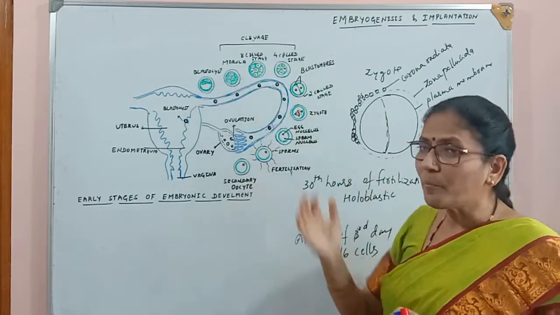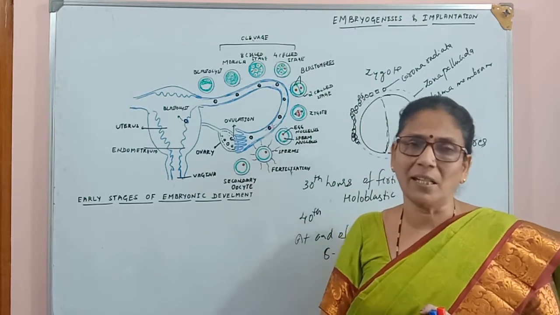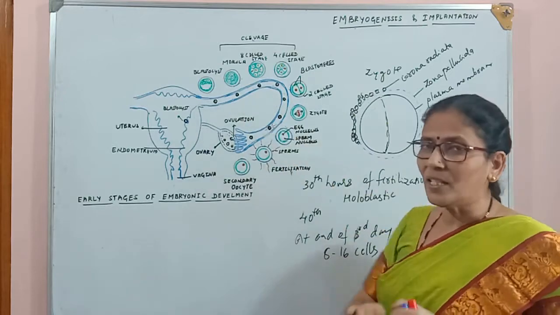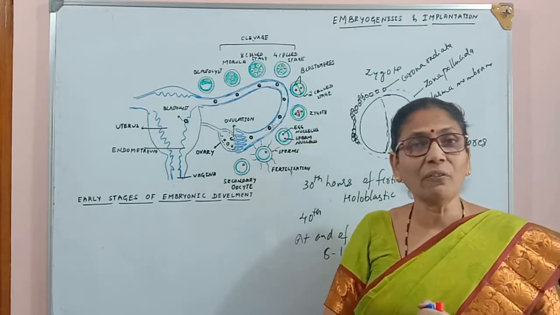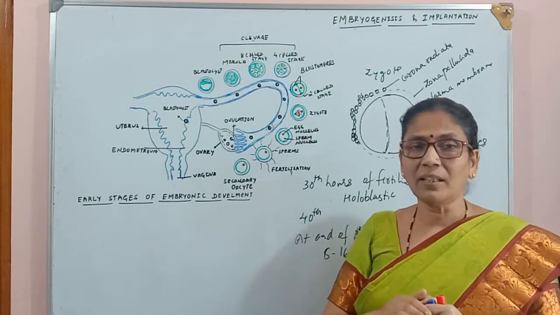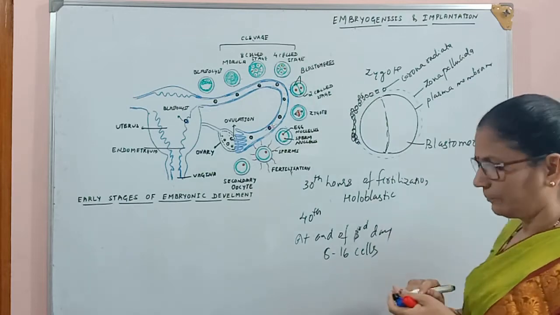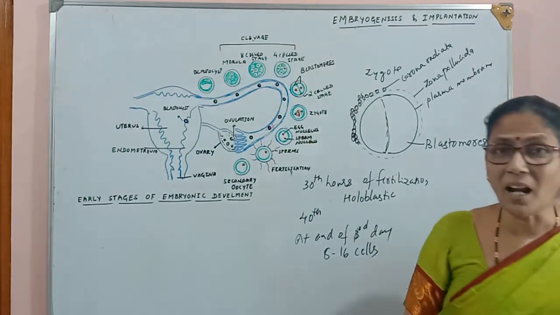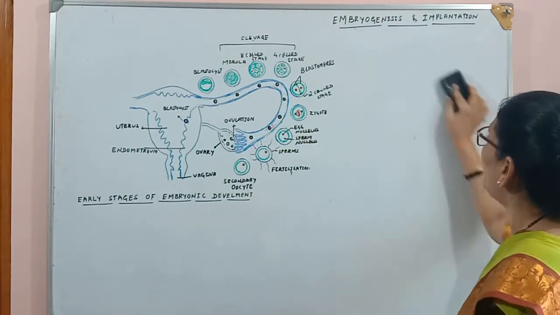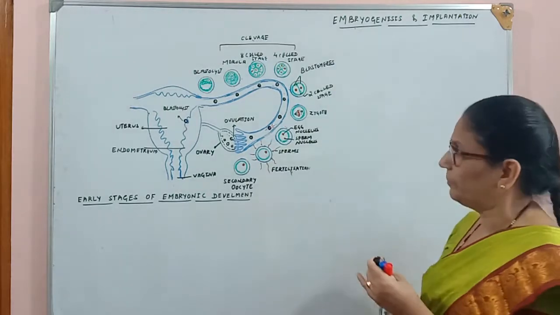For the transformation of the morula to the blastocyst, many changes take place. The first change is that the cells arranged on the peripheral layer of the morula enlarge a little bit and further flatten. These flattened cells now act as the trophoblast or trophoectoderm of the blastocyst.